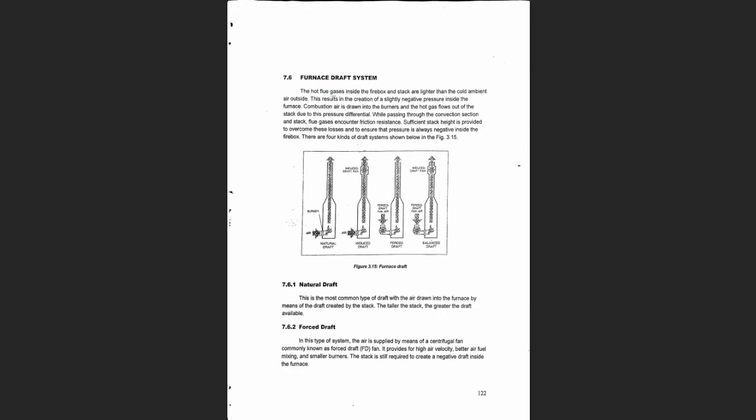But sometimes there are different ways by which you can control airflow into the furnace, and it depends on whether you want a controlled flow rate or not. هل تبي كمية الهواء يتم فيها التحكم أو لا؟ Do you want the air to flow naturally into the furnace؟ هل تبي الهواء يدخل بشكل طبيعي داخل الفرنس؟ أو you want it to be flowing with the help of an equipment like a compressor or a blower or a fan.